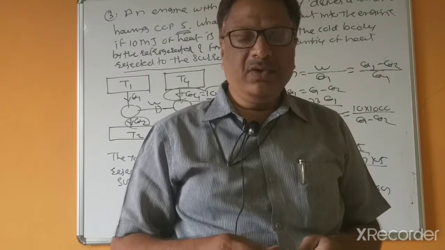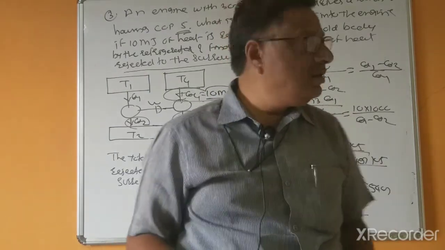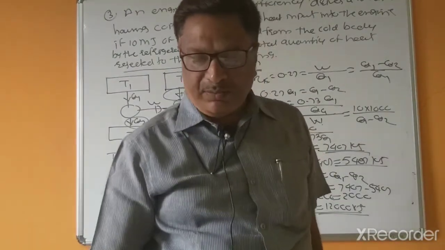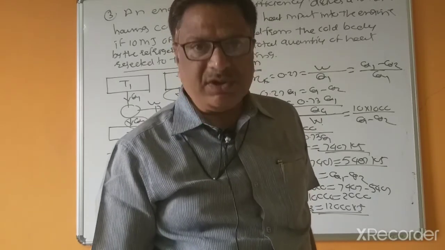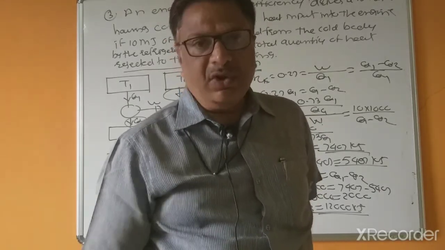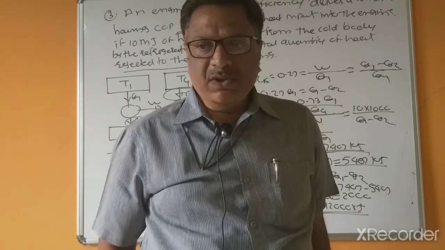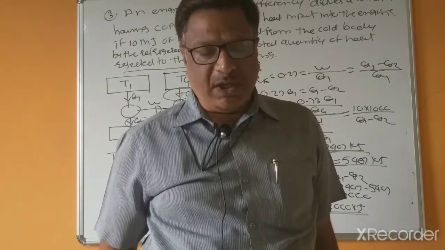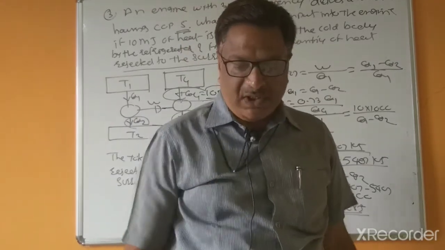Now I think you understand problems related with the second law of thermodynamics. So these problems are sufficient to solve any problems related with the second law of thermodynamics. So I am not taking too much of your time for the second law of thermodynamics.